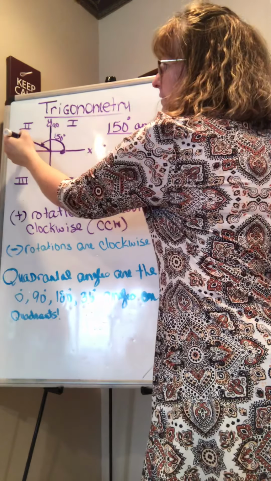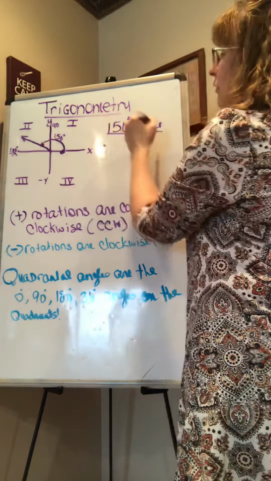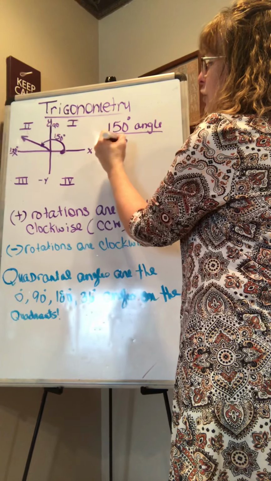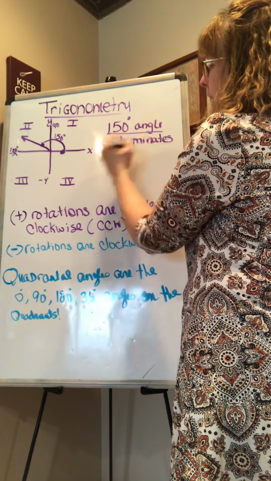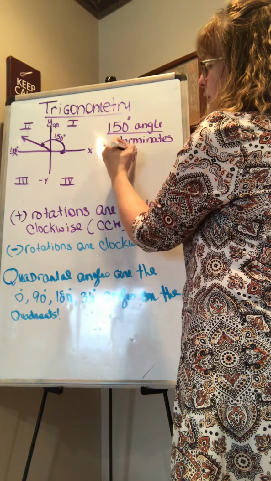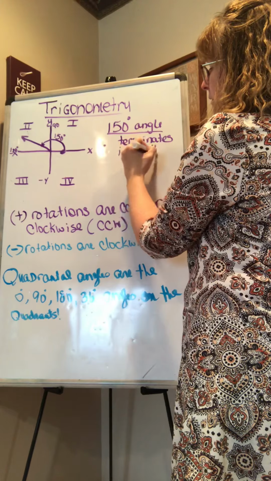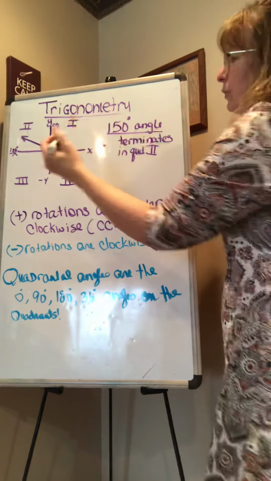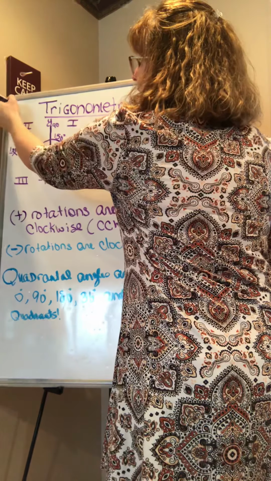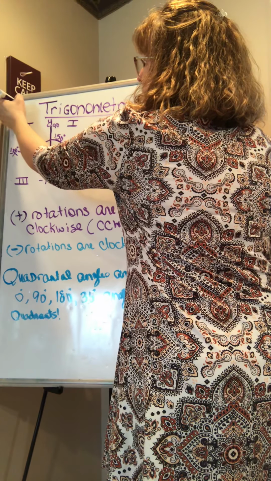It terminates in quadrant 2. So 150-degree angle, let's write that. It terminates in quadrant 2. So this would actually be called the terminal side of the angle. Let me write that down before I move on.